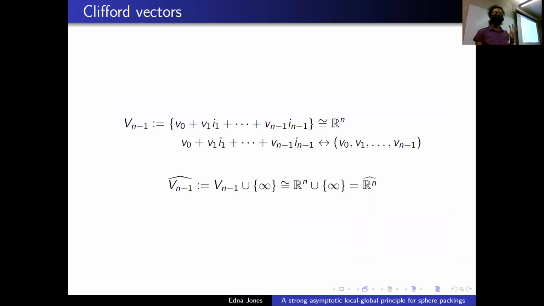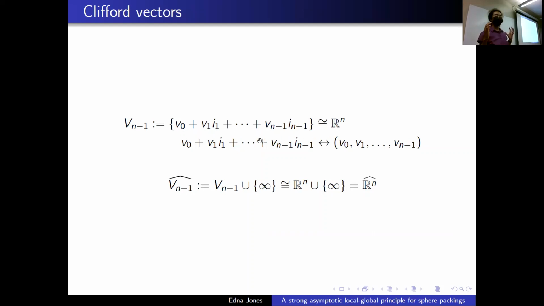So embedded in our Clifford algebra, we have Clifford vectors, which are the set of elements in which each term has at most one i appearing in it. So things of this form.